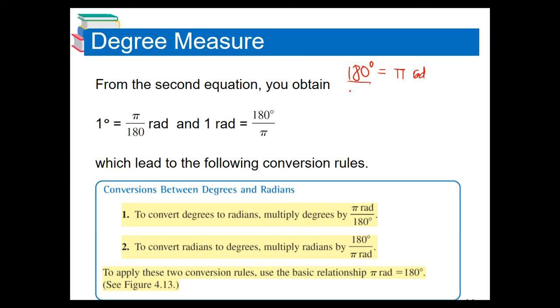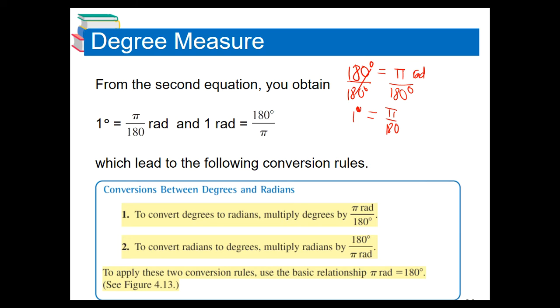So if I divide both sides by 180 degrees, that cancels and leaves me 1. One degree equals pi over 180.